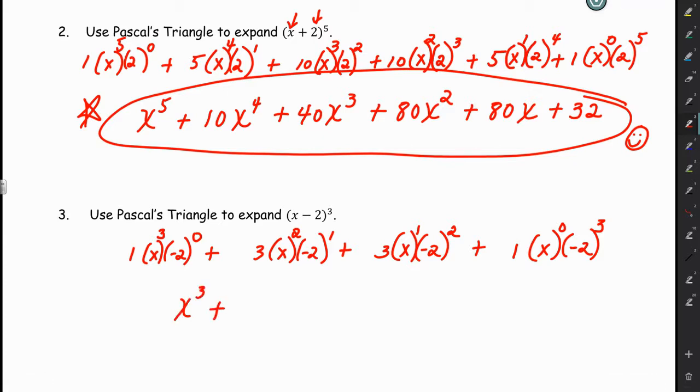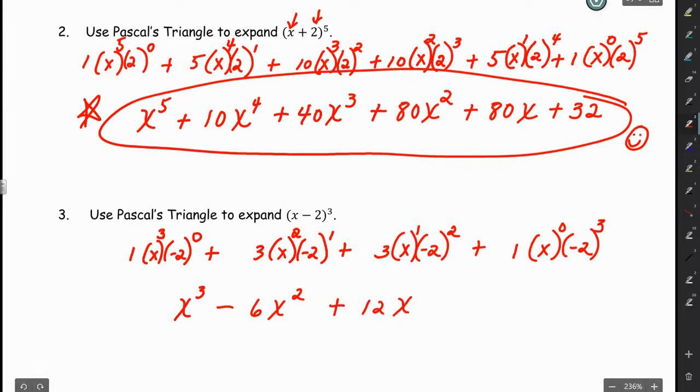Negative 2 to the 1st power in the 2nd term is just negative 2. Negative 2 times 3, that's going to be negative 6. So we're going to have negative 6 x squared. Then we have negative 2 squared, that's positive 4. 4 times 3 is 12. So that's 12x.